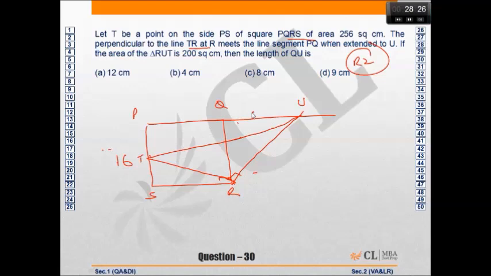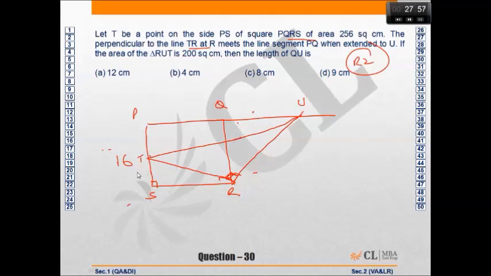Okay, length of QU, I'm not sure, but let me quickly have a look at this and see what can be done out here. Has to be using right angle triangle, because there is a right angle. We have right angles all the way. Pythagoras will come into place somewhere. So if this is 16, let me just look at it this way.